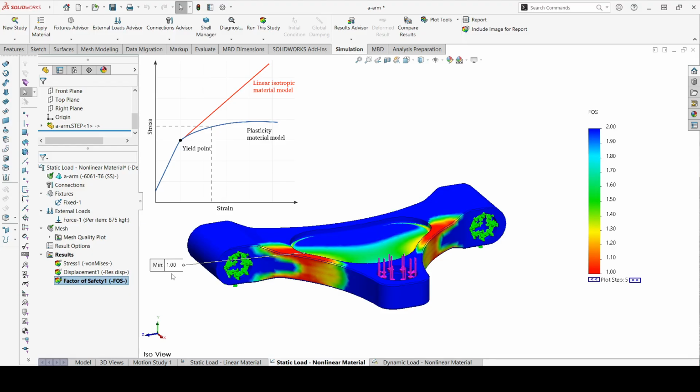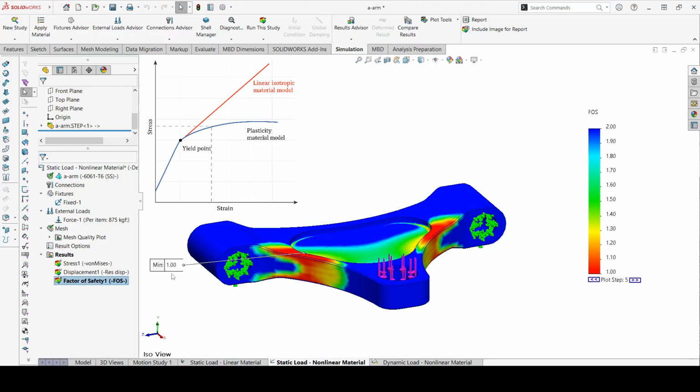On the other hand, the plasticity material model includes the yield points and allows for plastic deformation. Once the material reaches the yield stress, it doesn't increase the stress linearly anymore. It deforms plastically, and the stress levels off.